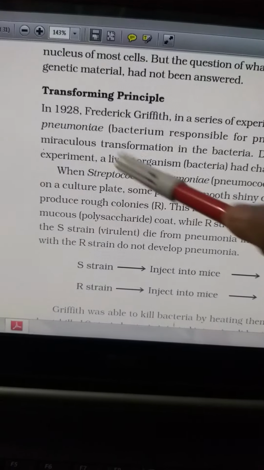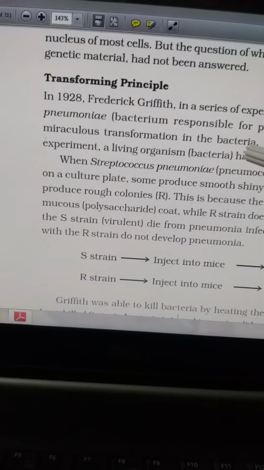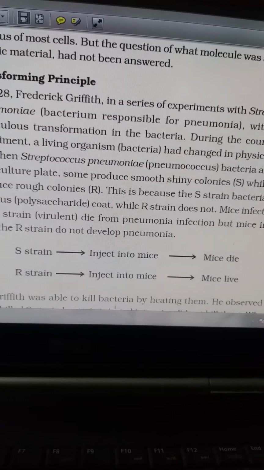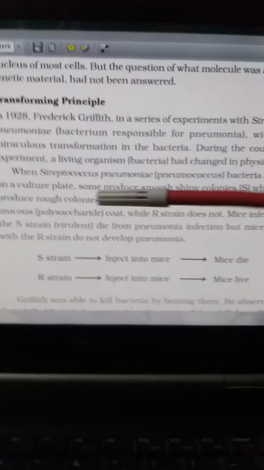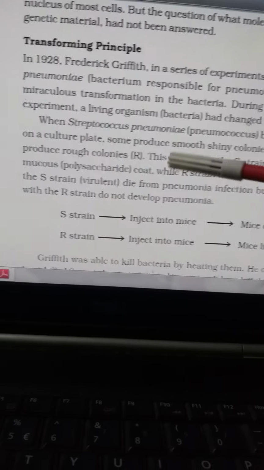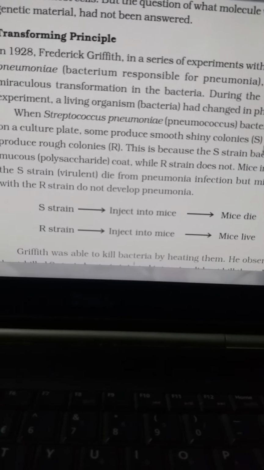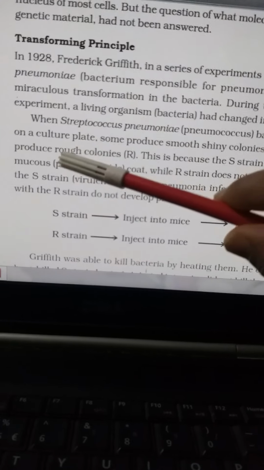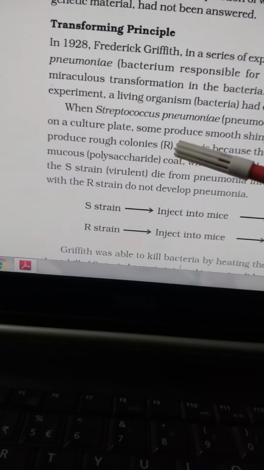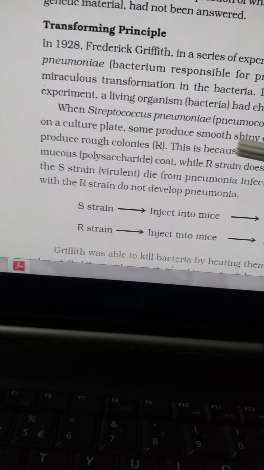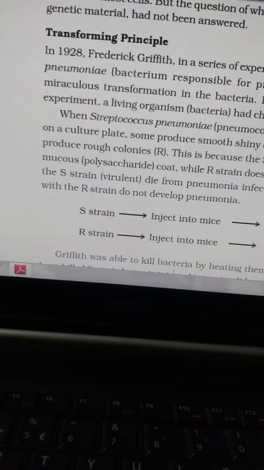Now what he did, he witnessed a miraculous transformation in the bacteria during the course of the experiment. He took 2 strains of bacteria. One had a smooth, shiny colony, so he named it the S strain, and the other had a rough colony, so it is known as R. So he took 2 strains, S and R.